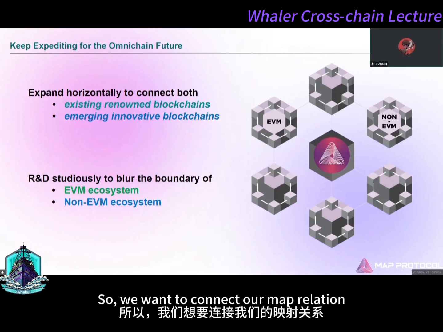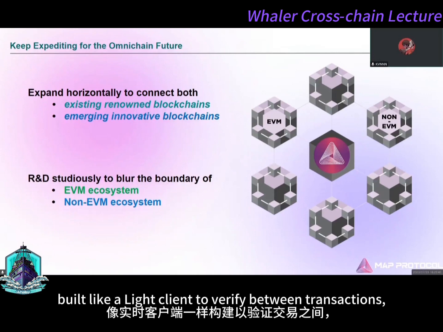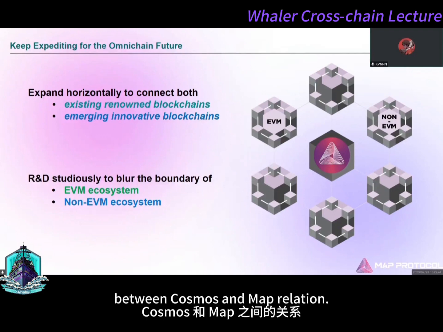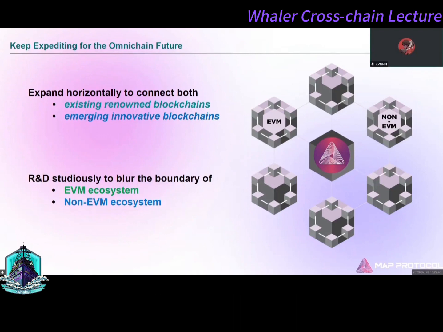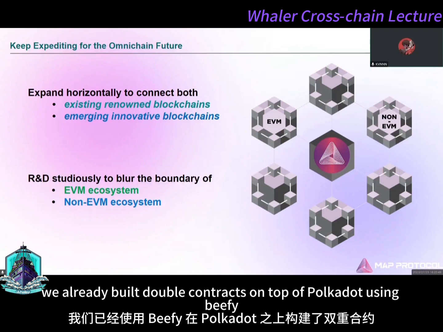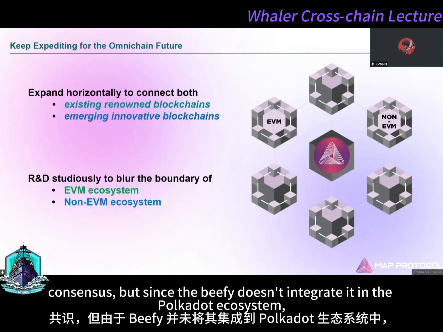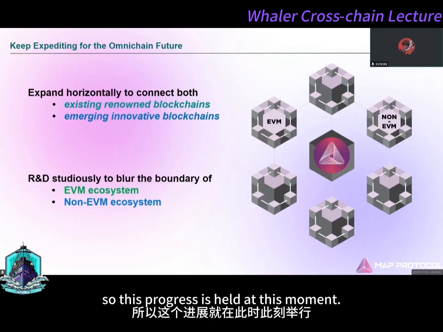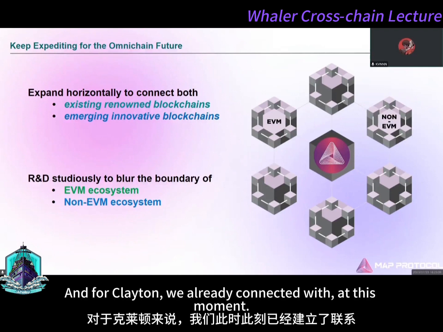We want to connect our Map Relay Chain and build a light client to verify transactions between Cosmos and Map Relay Chain. For Polkadot, we already built our contracts on top of Polkadot using BFT consensus, but since BFT isn't integrated in the Polkadot ecosystem, this progress is on hold at the moment. And for Klaytn, we have already established a connection.